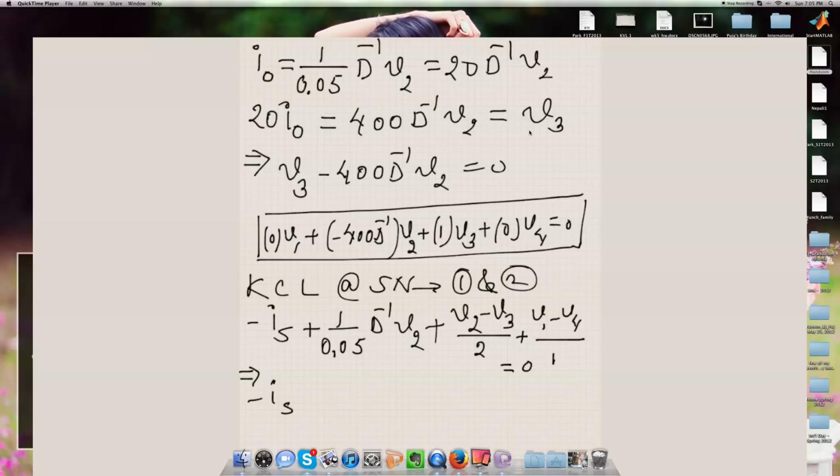Then we have plus 20 (D minus 1) v sub 2. Next, plus 1/2 v sub 2 minus 1/2 v sub 3, then plus v sub 1 minus v sub 4 equals 0.